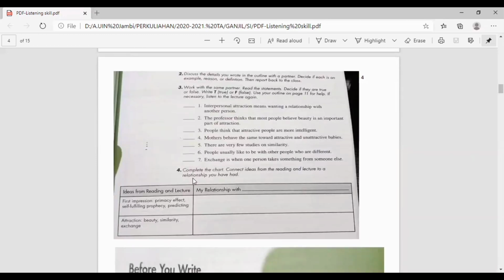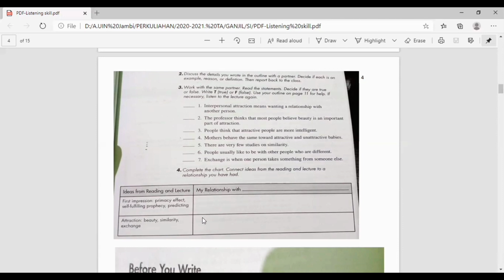Can you guys complete this chart by connecting the ideas from the reading and the lecture to a relationship you had. So it's about your own relationship, okay? So it's about your own ideas, okay?